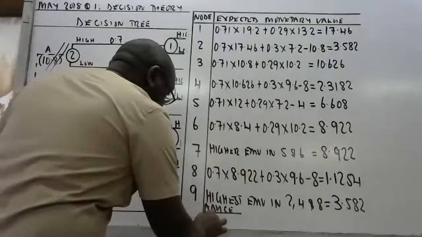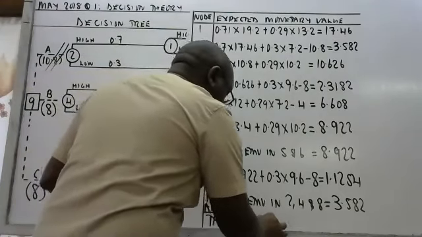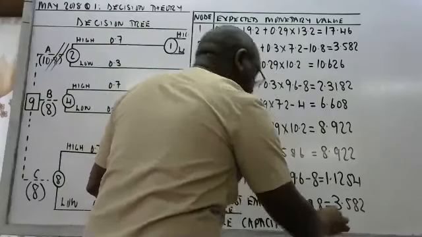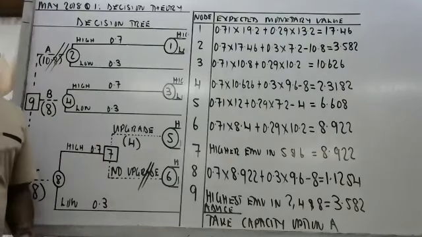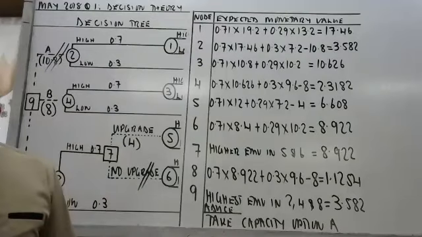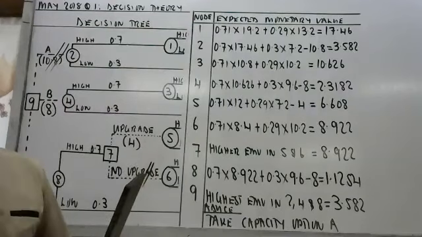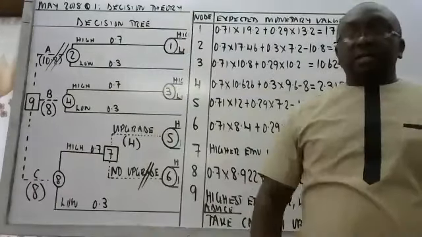So take capacity option A. We should go for capacity option A. So we call it a day at that point.